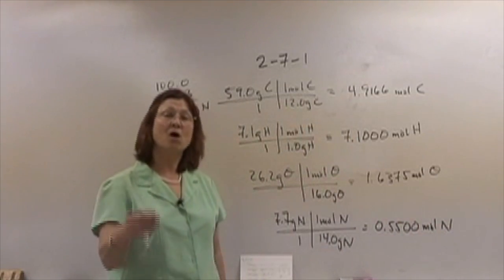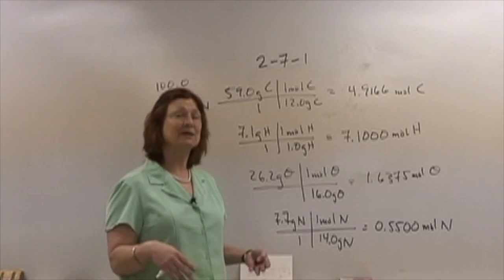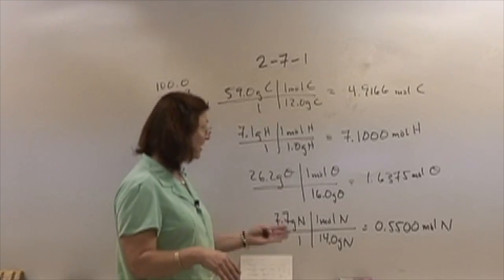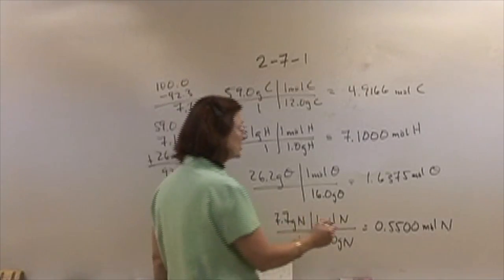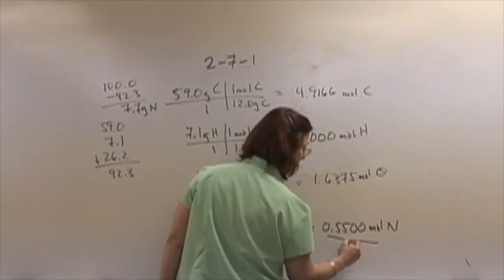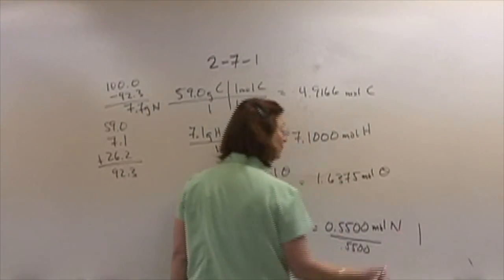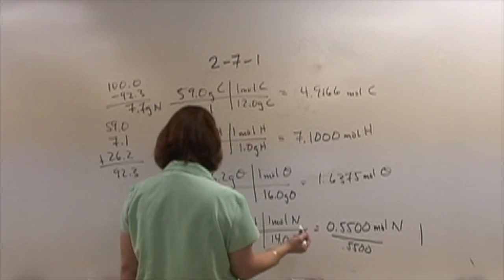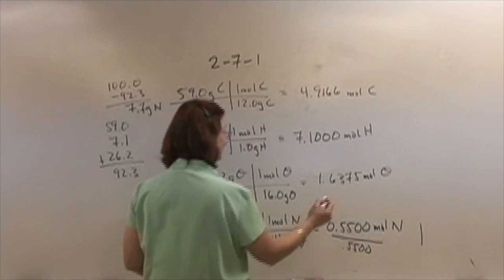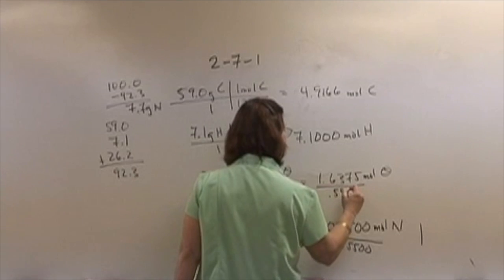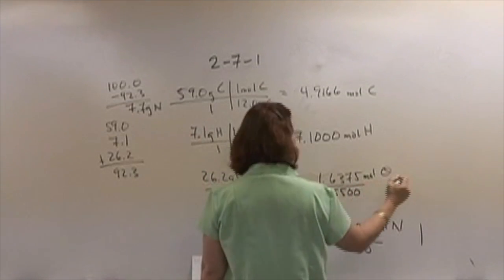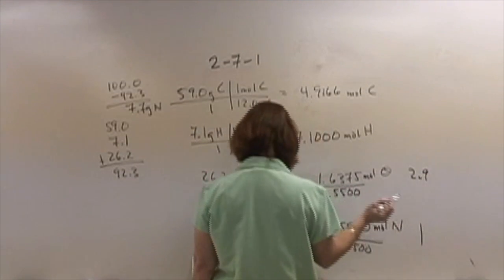Once I transfer them all into moles, now I can make a comparison. And then I divide by the smallest. Well, my nitrogen is the smallest. Therefore, I have 1 nitrogen. And my oxygen, I have 2.9.